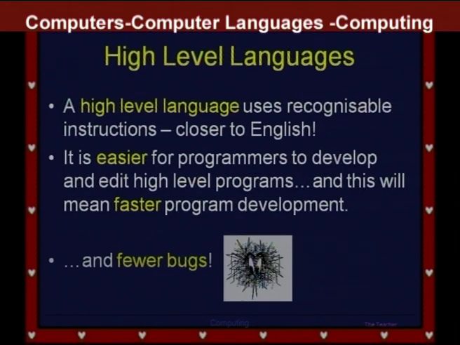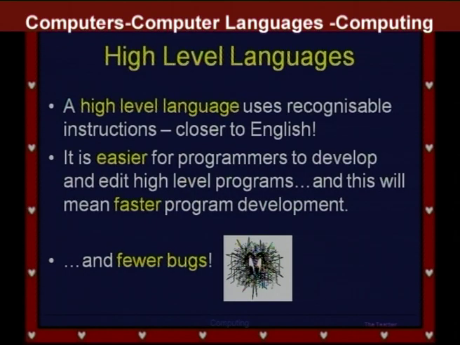It's very fast programming development. The programmer can use this high-level language to develop the program, and also debug any issues. So it is very close to English, and the programmer can easily code, understand and develop applications.